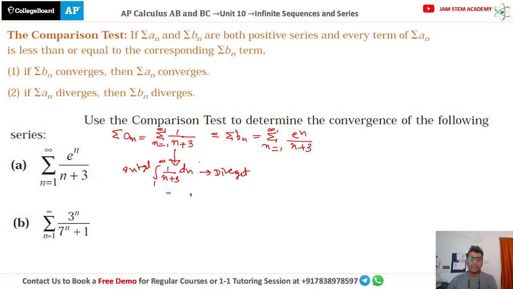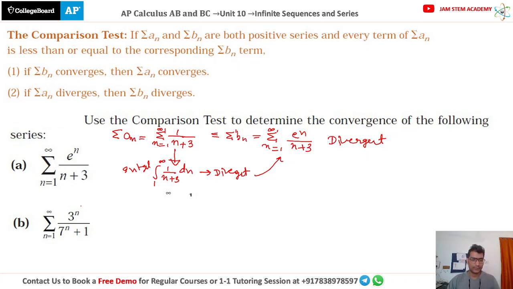So if an diverges, bn also diverges. That's the answer. So I used integral test as well as comparison test in this question, because I used the integral test to show that this function that I constructed in the beginning is divergent.